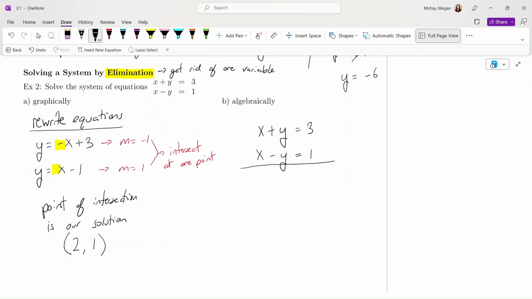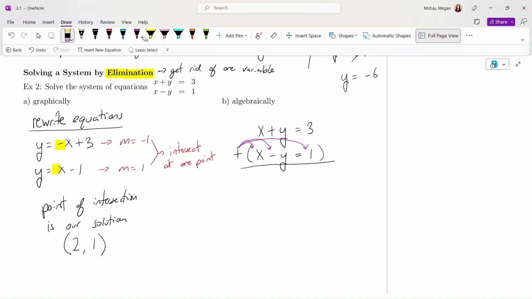So that's the route I'm going to choose. If you would like to eliminate x, you are welcome to do that. Alright, but I want to eliminate y, so I'm going to add this entire equation, and I'm going to put parentheses on this entire equation just so we know that this plus sign gets distributed to all of these components.